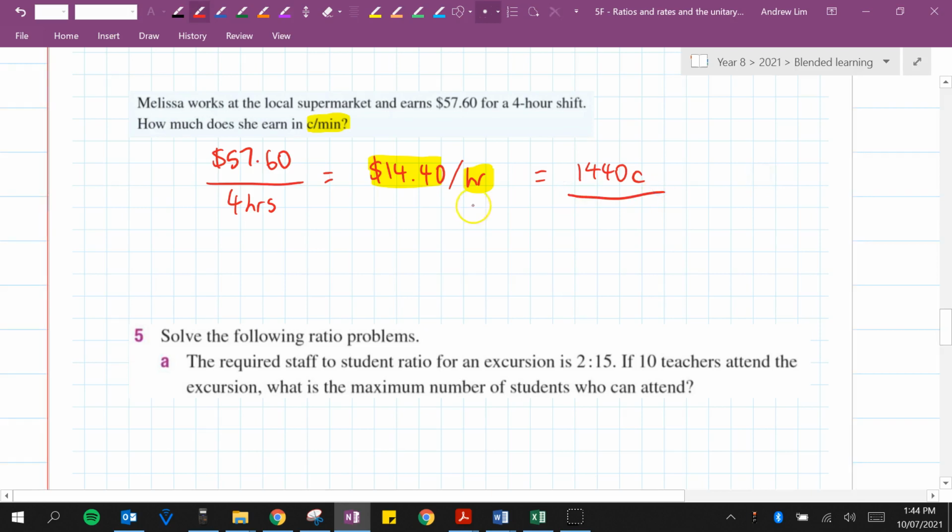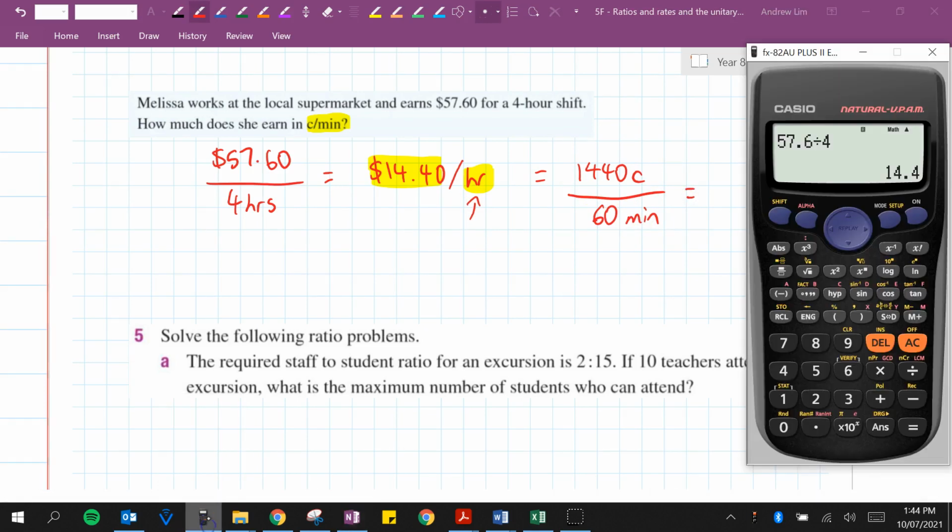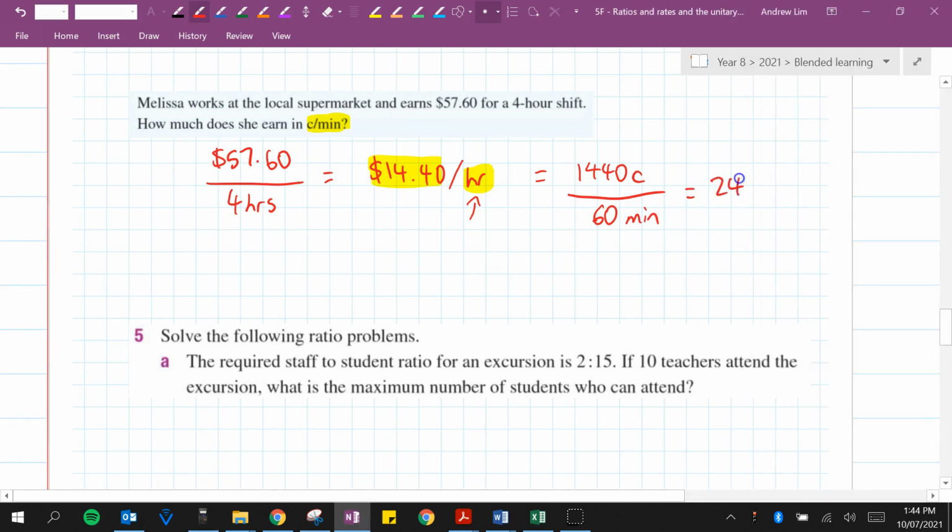How many minutes are there in 1 hour? There are 60 minutes. And now we can do the same thing again. 1440 divided by 60 is 24. So we've got 24 cents per minute.